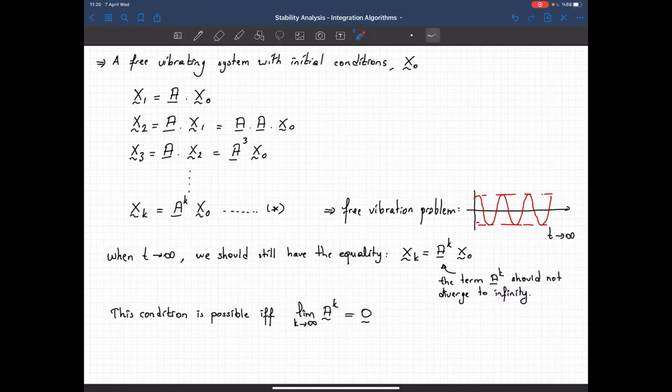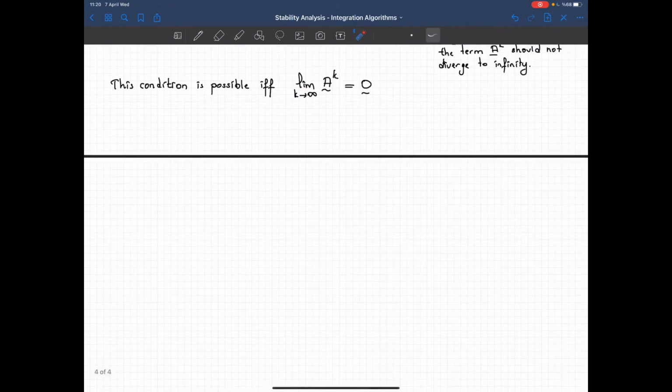So I should be looking at the eigenvalues of the A matrix. If the eigenvalues of this A matrix are smaller than 0, then I can satisfy this condition. If they are larger than 0, it means that as k goes to infinity, this A matrix will diverge. So that's why I should be checking the eigenvalues of the system.